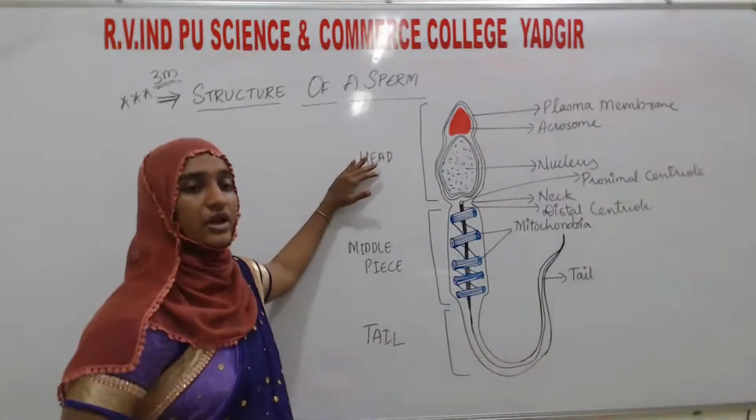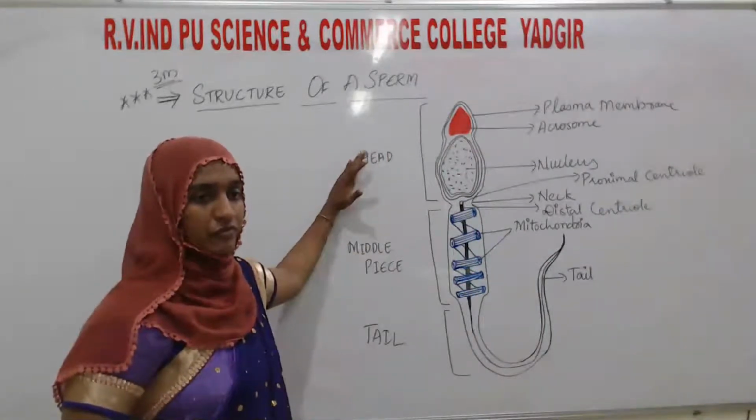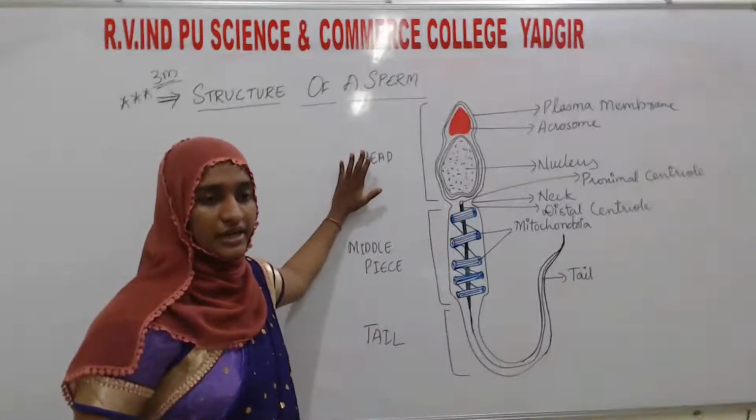So this is the ultrastructure of a human sperm, which may be asked for 3 marks, only the diagram.